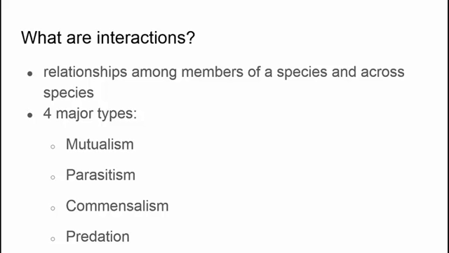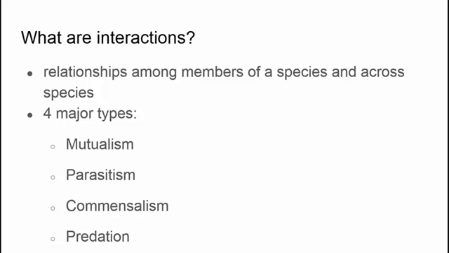So when we say interactions, interactions are basically just any type of relationship that occurs between members of either the same species or across different species and groups. There are 4 major types that we'll explore in this lab: mutualisms, parasitisms, commensalisms, and predation interactions.